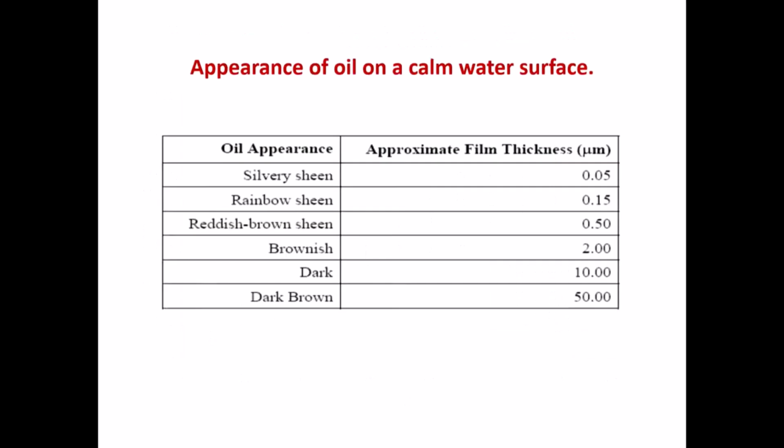And this is the oil appearance once you put some oil in the water, and how it looks, with its appearance and thickness given here. If it is a silvery sheen, then the thickness is 0.05, rainbow sheen 0.15, reddish brown sheen 0.5, brownish 2 micrometer, dark is 10 micrometer, and dark brown is 50 micrometer.